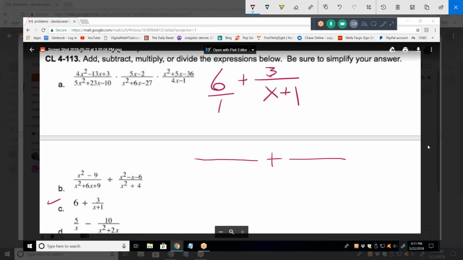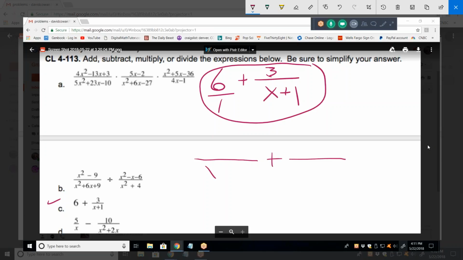So what is the common denominator there? 1? No, the definition of common denominator is each term has to divide into it evenly. Well, I can't divide 1 by x plus 1. But I can divide x plus 1 by 1. And I can also divide it by x plus 1.